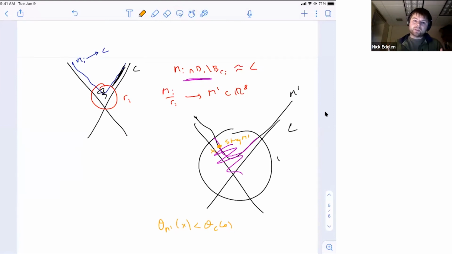And so then you could do another blow-up argument. You could repeat the whole blow-up argument inside a small ball centered around this singularity and prove that all the M_i are bi-Lipschitz or something inside that small ball.